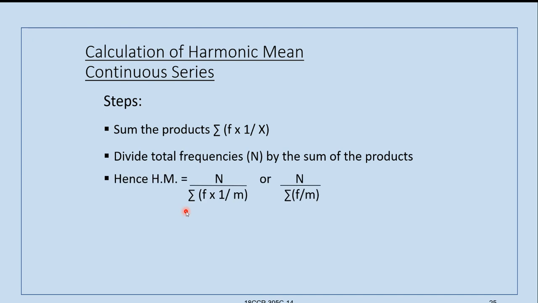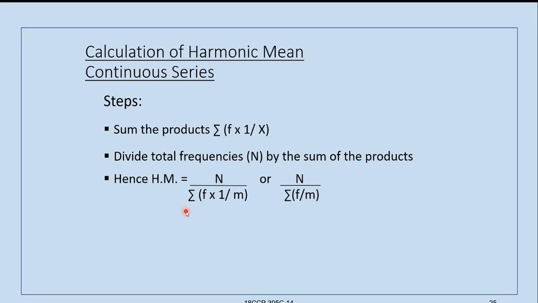Sum the products, that is sigma f into 1 by x. And next step is divide total frequencies, that is n, as I said, by the sum of the products. So harmonic mean is equal to n by sigma f into 1 by m.